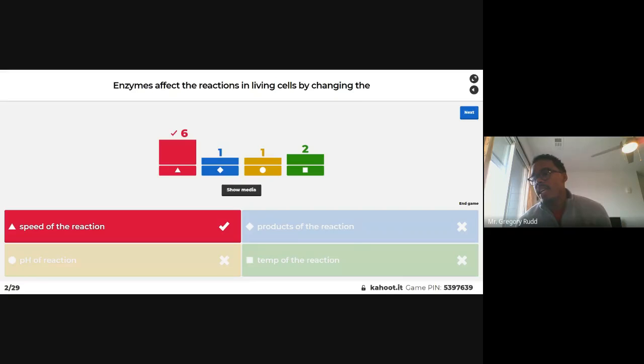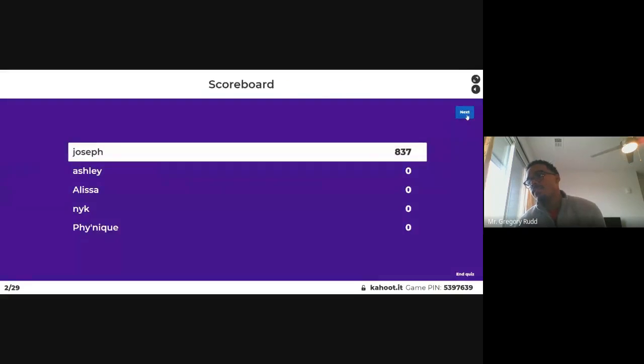Yeah, enzymes change the speed of the reaction. They zoom, they speed things up. Good. Joseph's still in the lead.